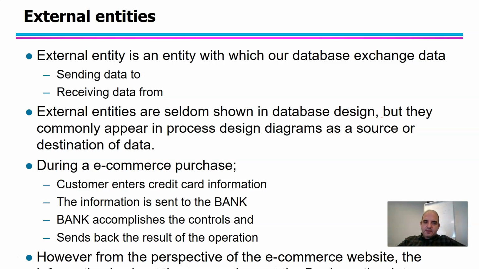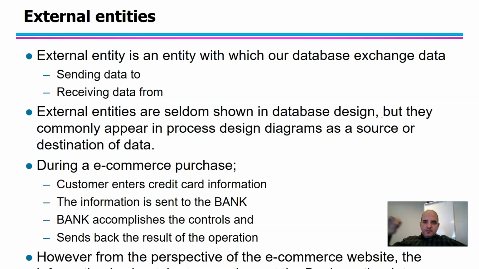And sometimes it gives okay, sometimes it gives refusal, so you cannot buy it. So there is an entity outside your e-commerce website. It belongs to the bank, but it affects your system's work. The customer enters the credit card, then your system talks with the bank and gets a response.